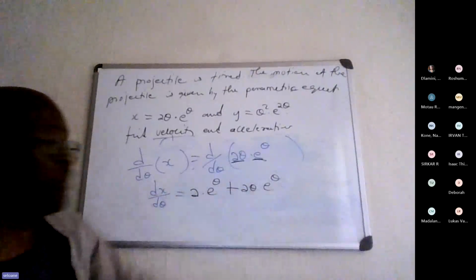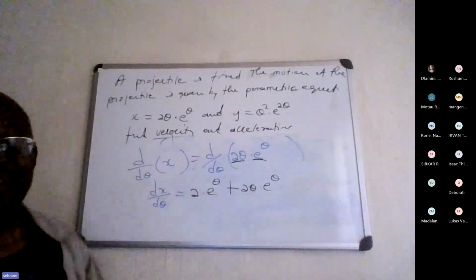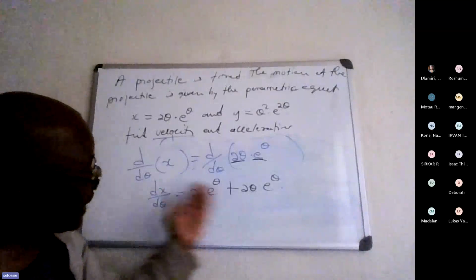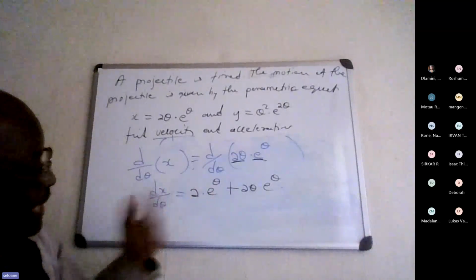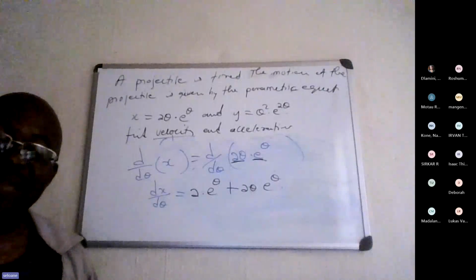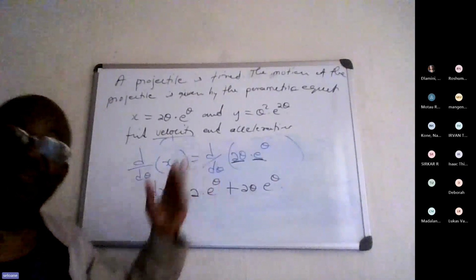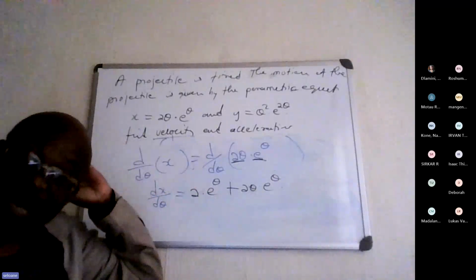But now, before going further, make sure that this is in its simplest form. Or we can just simplify. Look, maybe there's a common factor here. Is there any common factor? Yes, there's a common factor. Then you can just simply take it out here, or you can just leave it as it is. But put it at the back of your mind.